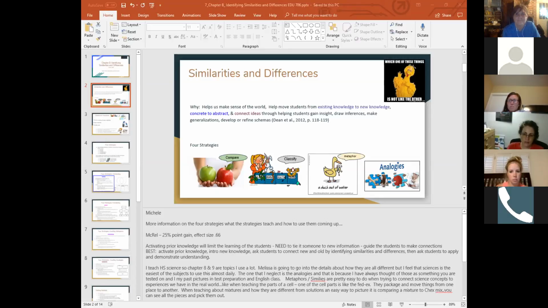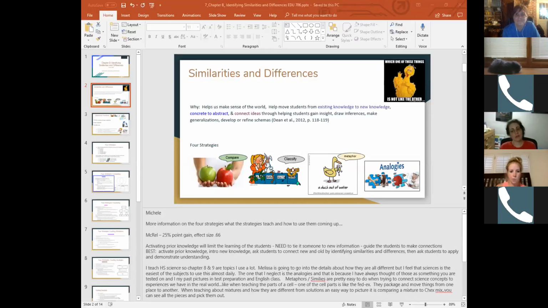Sometimes we can activate that prior knowledge, but we don't tie it to new knowledge. And so the book talked about how learning can be lost if we don't take the time to tie it with something. And so this is a strategy or technique that they used.